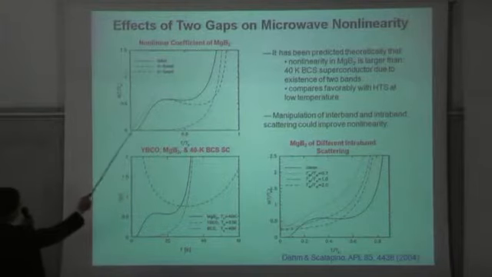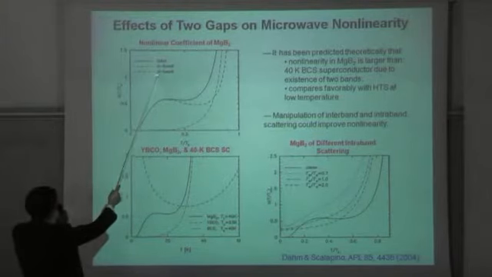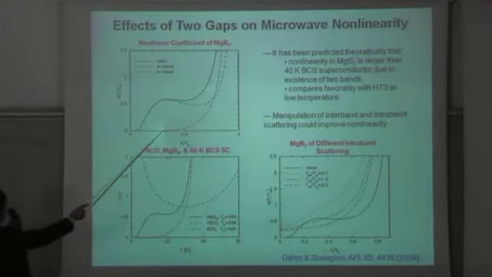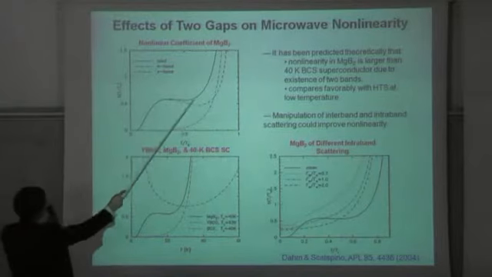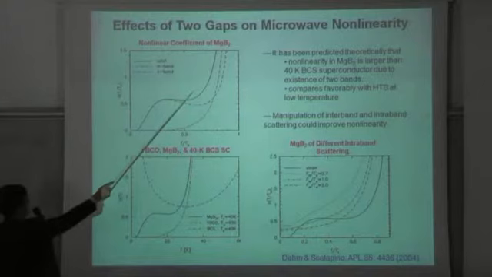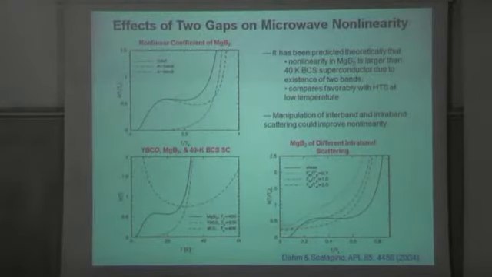If it's just a superconductor with a sigma band, you will see a curve like that. But if you have a superconductor with just the pi band, you will get this curve. And altogether, there is this big shoulder for the nonlinearity for magnesium diboride at lower temperature.